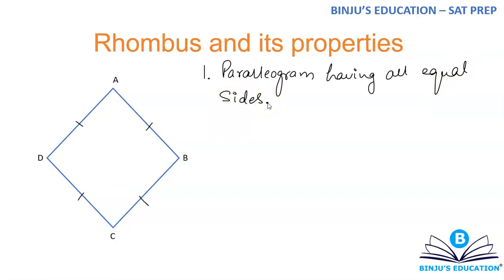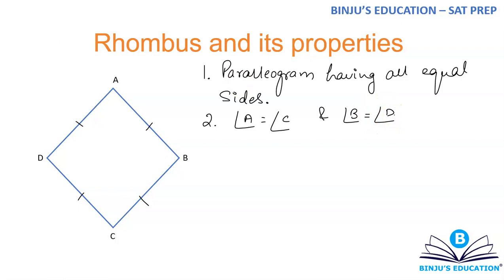This is the first thing. Now it's a parallelogram, so opposite angles have to be equal. So you can say that angle A is equal to C and angle B is equal to angle D.